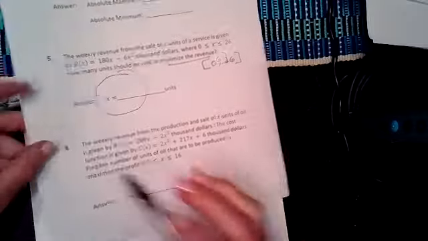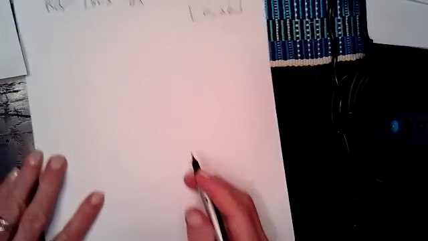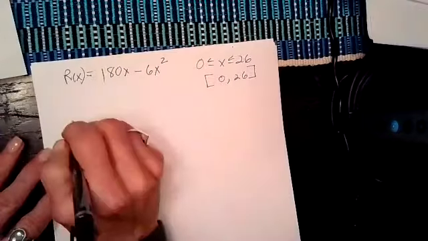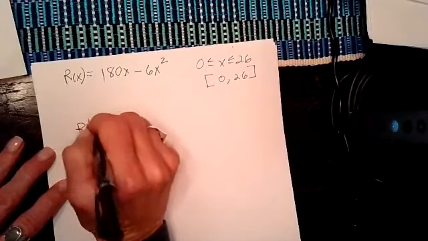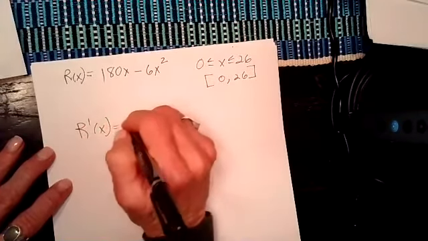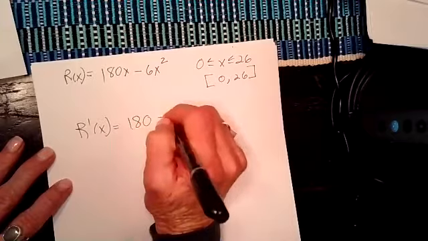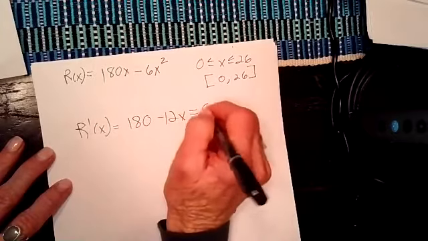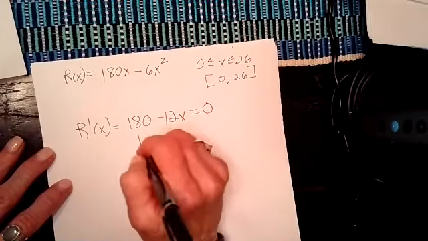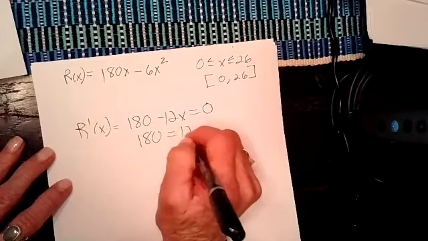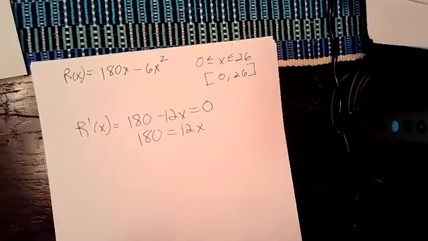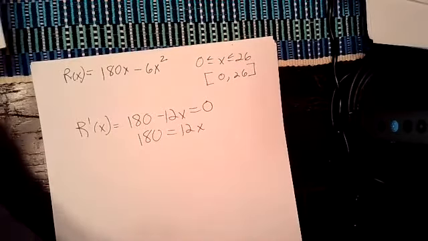So before we start thinking about my answer, let's go find all the possible ones. So the first thing I have to do is find my critical values. Set it equal to 0. And then 180 is equal to 12x, or I could move my negative 180 over, doesn't matter.